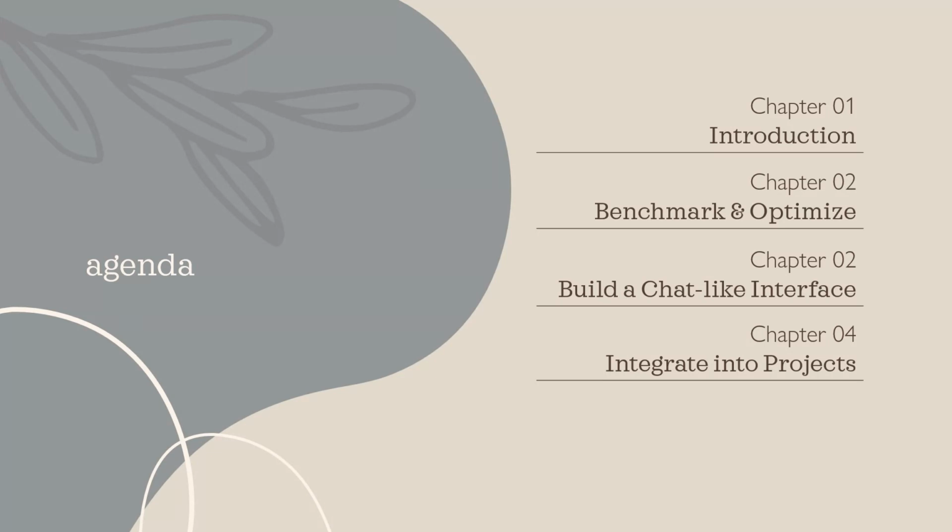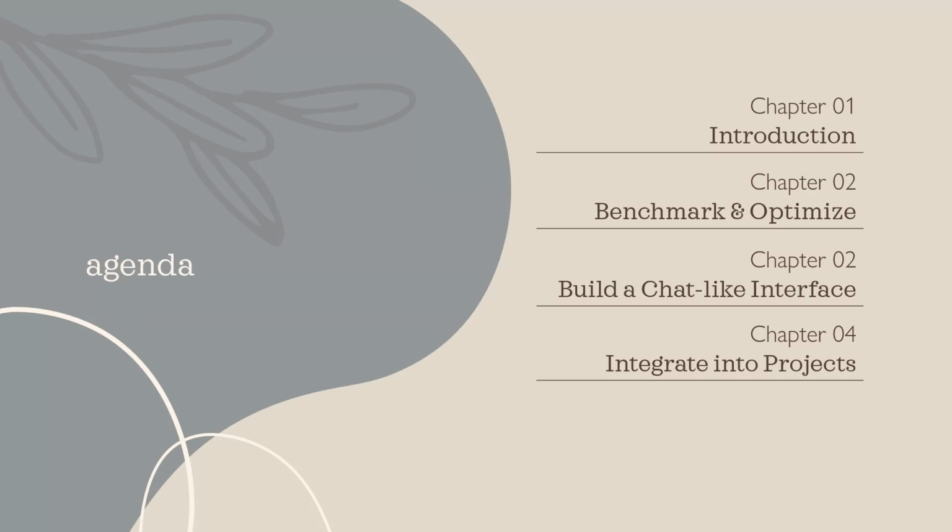The last one. Now that you have got Ollama running smoothly, we'll integrate it into real projects. In this video, we'll show you how to call the Ollama API from Python, connect it with external tools, and even embed it inside apps.